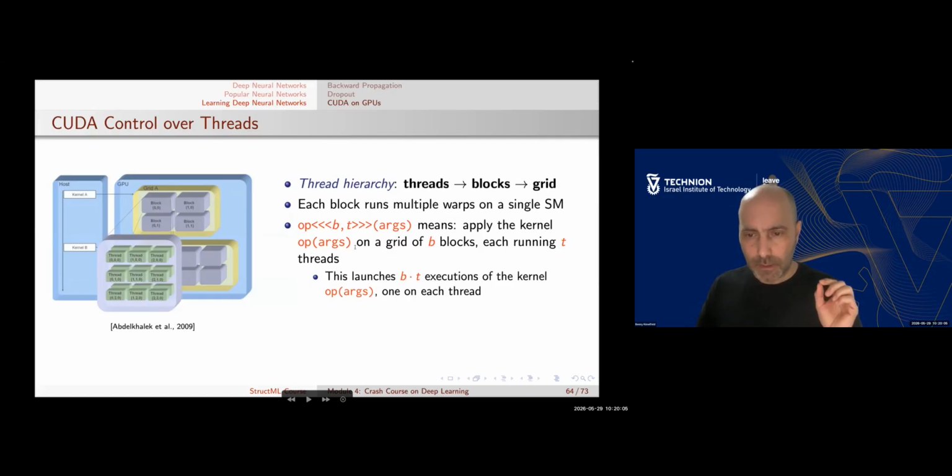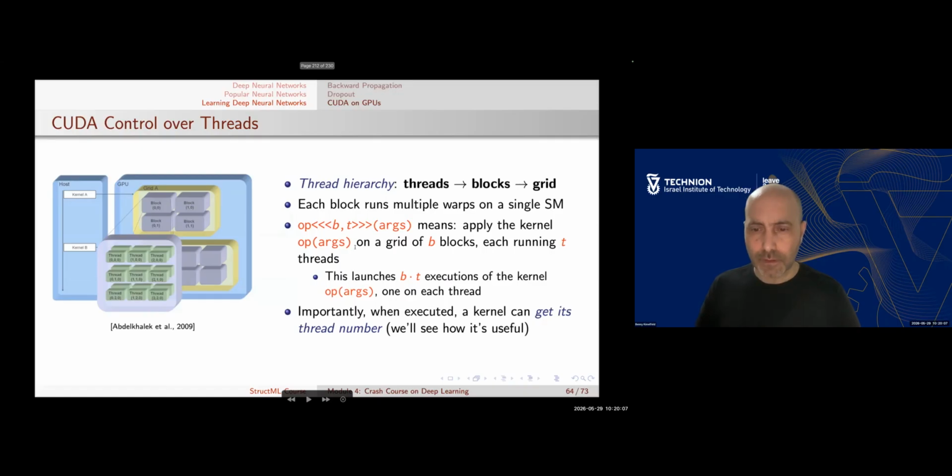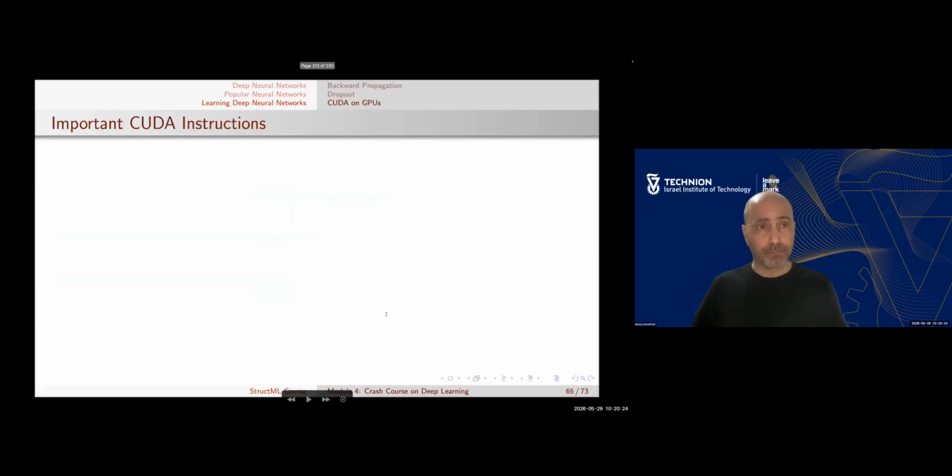Okay? Now, how does it help us? Importantly, whenever a thread executes that, the thread knows its thread number. It knows which index of B, which index of T it is in. We'll see how.